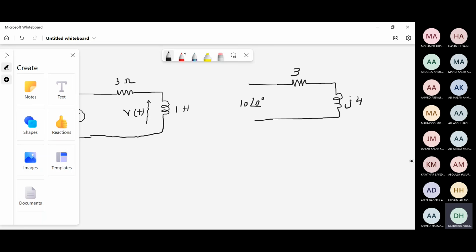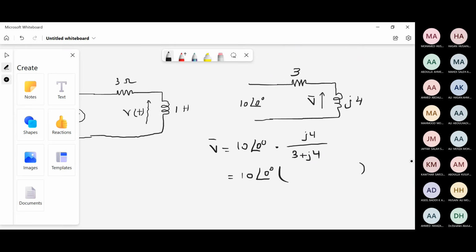So now this is not y of t, so this is V complex. V complex here is equal to 10 angle 0 multiplied by j4 divided by 3 plus j4. If you calculate this one, it becomes 4 divided by the square root of 3 squared plus 4 squared, which is 5.